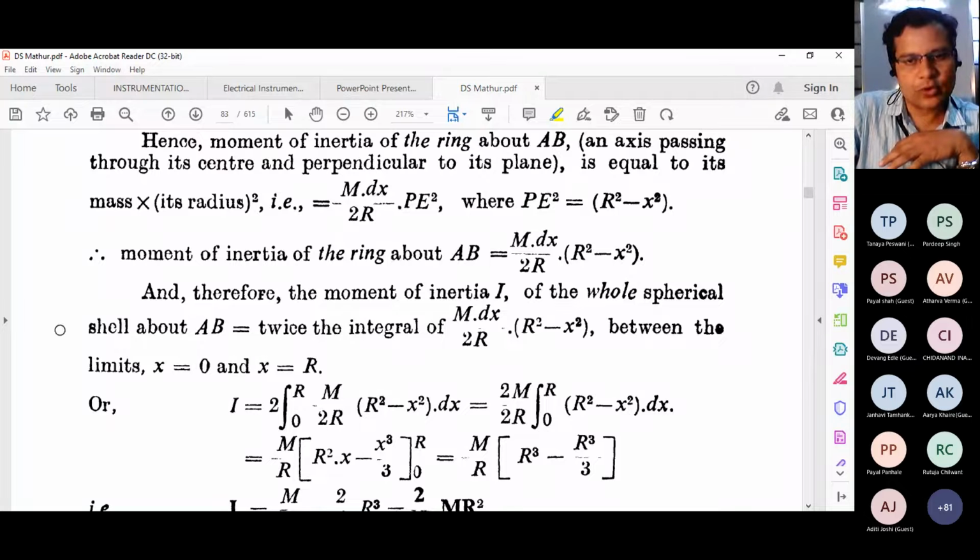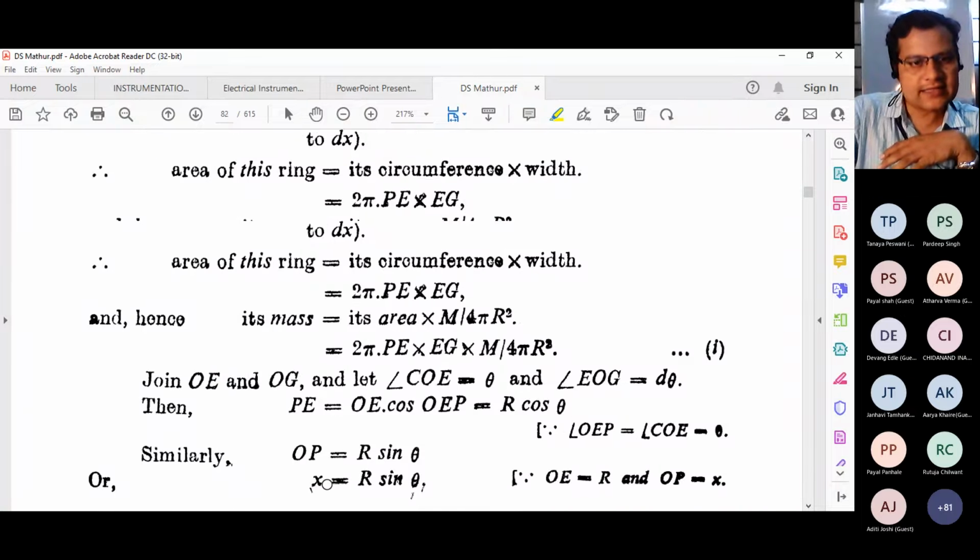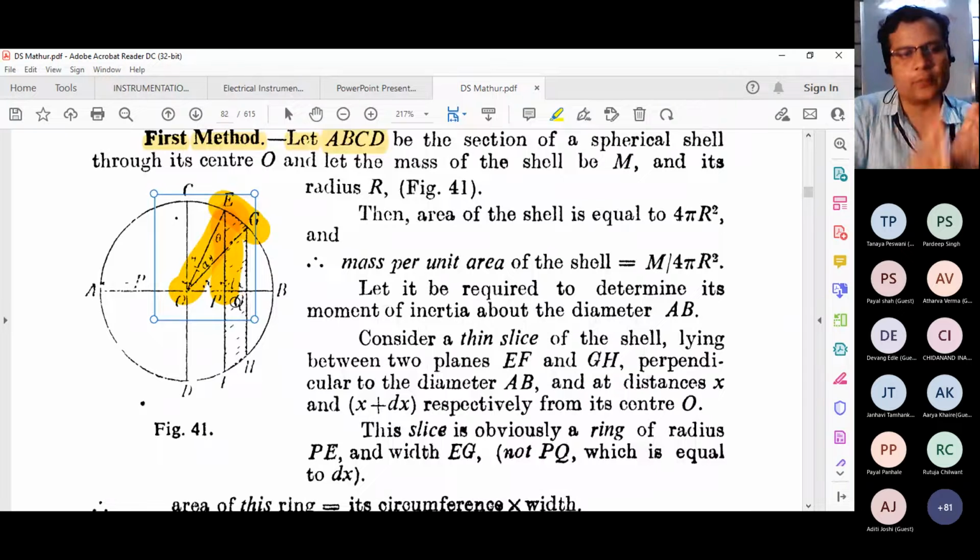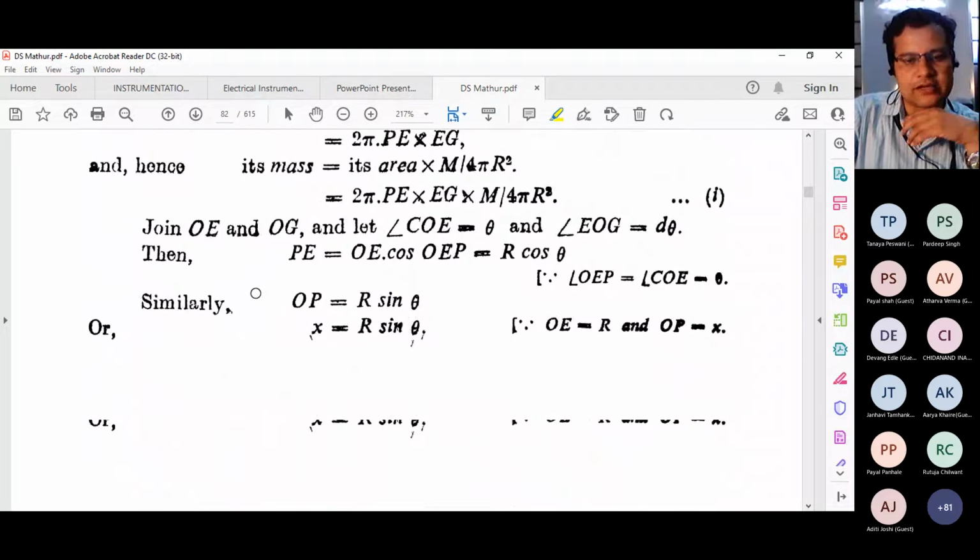Therefore, the moment of inertia of the whole spherical shell about AB is what? Twice the integral of this quantity. Why are we taking twice the integral? Look at this thin slice: we are considering only the half portion of this particular shell. So if we integrate all those quantities, it does not give you the complete shell, only the half portion of the semi-spherical shell. If I want to cover the whole portion, I need to take twice this whole quantity.